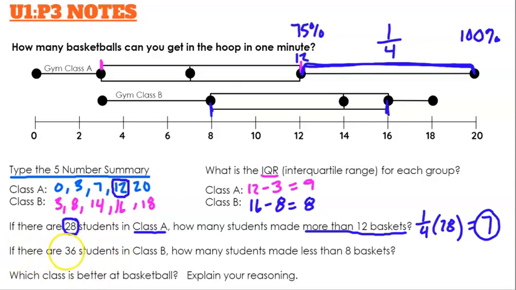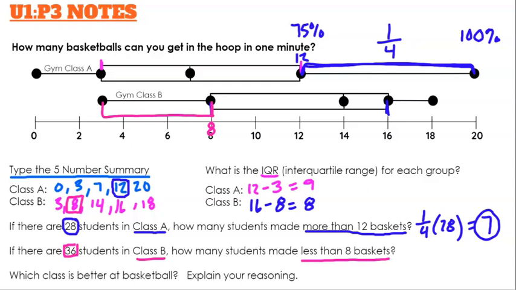Now, a similar question, if there are 36 students in Class B, how many students made less than 8 baskets? So if we look at our data, 8 in Class B is that lower quartile. It's right here, 8. And we're looking at less than.